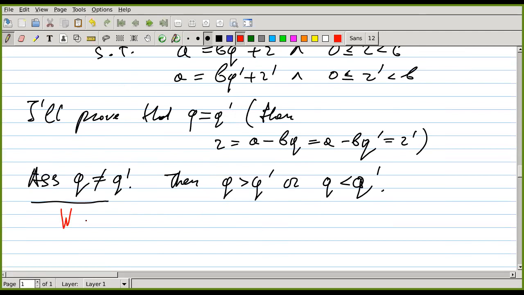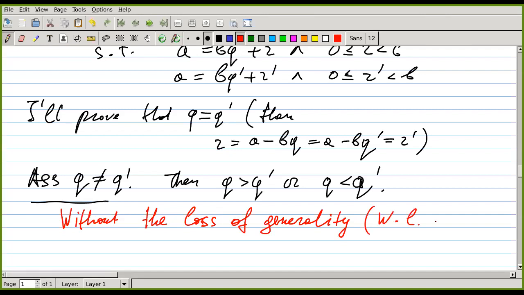So in such a case, in mathematics, they usually say something like: without the loss of generality, or in short, WLOG. It is standard.